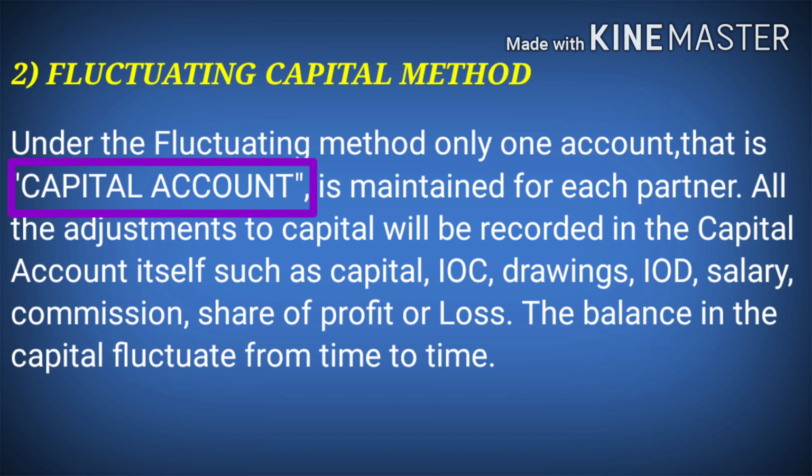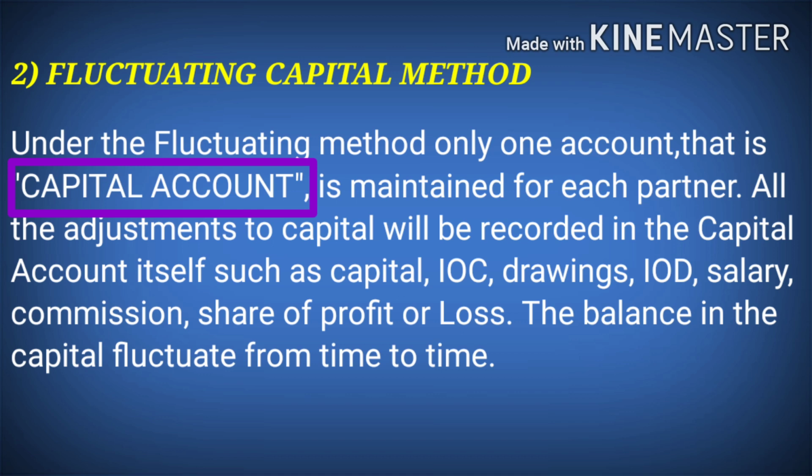As per this method, all adjustments to capital, that is interest on capital, interest on drawings, salary, commission, drawings, additional capital, etc. will be incorporated in this capital account itself, and it fluctuates from time to time. The balance in the capital account fluctuates from time to time.